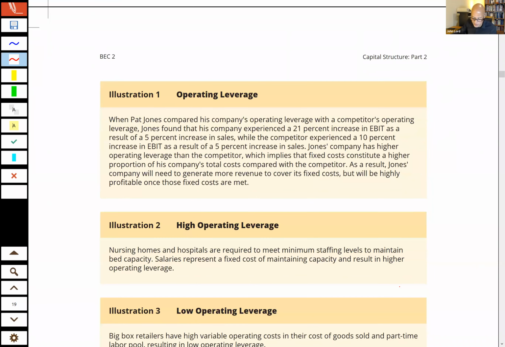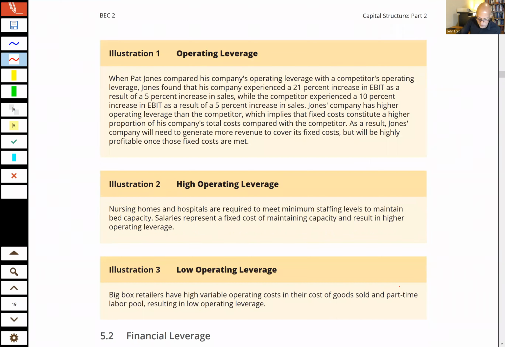Let's just take a look. These examples are not particularly helpful, but let's read one anyway, just to make sure we're feeling like we're getting an example here. So when Pat Jones compared the company's operating leverage with the competitor's operating leverage, Jones found that the company experienced a 21% increase in earnings before interest and taxes as a result of a 5% increase in sales, while the competitor experienced only a 10% increase as a result of a 5% increase in sales.